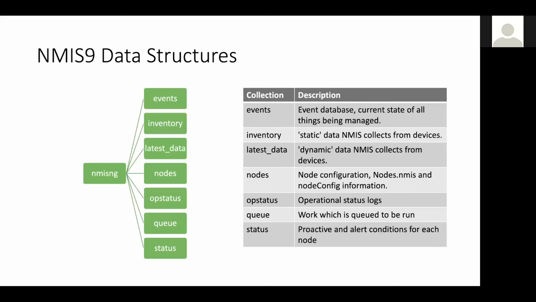The queue is obviously self-explanatory, and you can flush the queue, you can manipulate the queue, and the CLI tools are there for that. Sometimes in support, and we've done a lot of work to optimize the queue. It has been heavily optimized. And I should probably add, and I don't know if this was clear, NMIS 9 is not beta. NMIS 9 is fully released, general availability today. It's been in beta for the last 2 years.